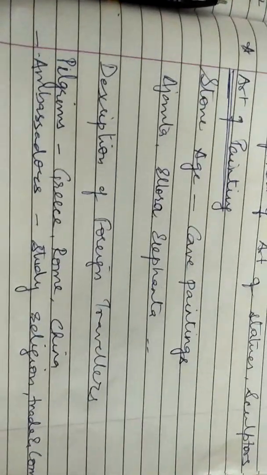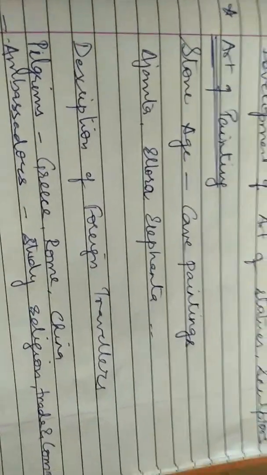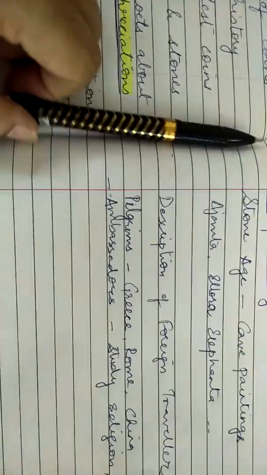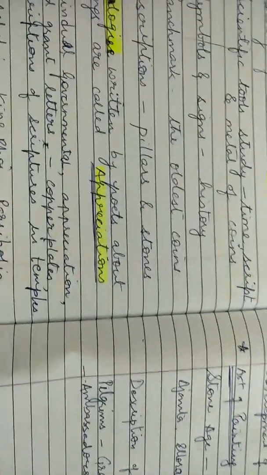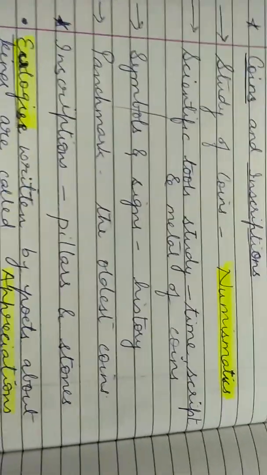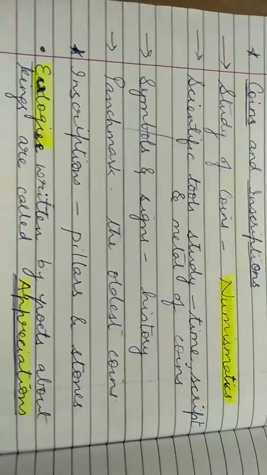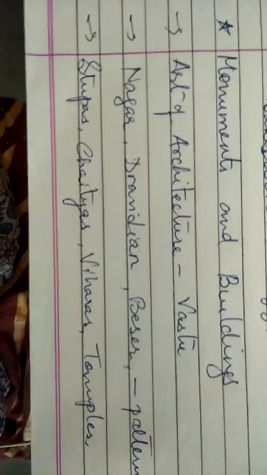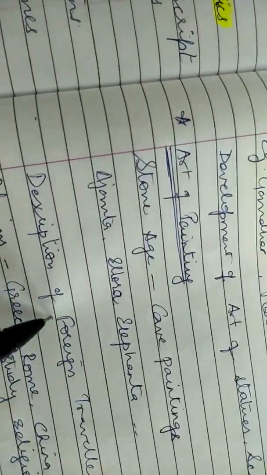All these things provided us with the ample amount of literature which we require to know about the past. So, the things which we discussed today are coins, inscriptions, eulogies, monuments and buildings, that is, art and architecture, statues, art of painting, and the descriptions of the foreign travelers.